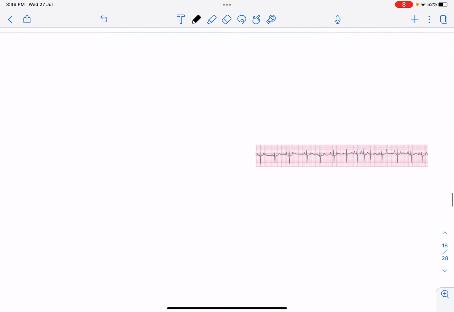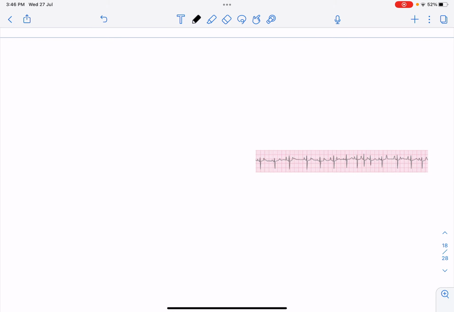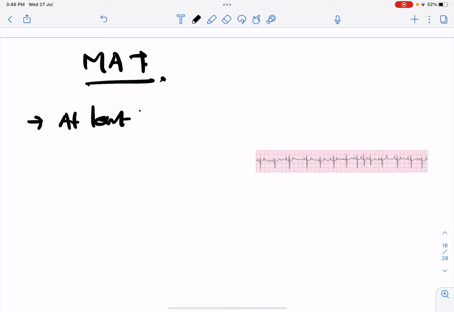Moving on to the next narrow irregular tachycardia, multifocal atrial tachycardia or MAT. To diagnose MAT, at least three distinct P-wave morphologies should be there in a single ECG lead.